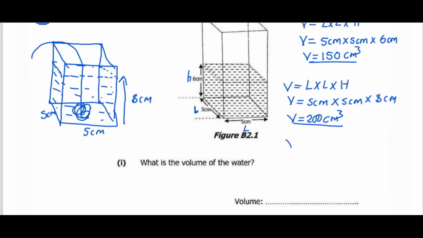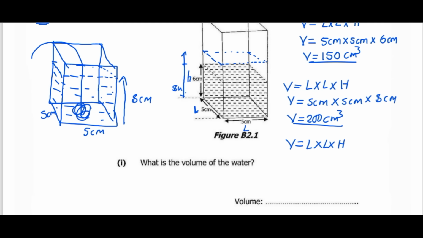Okay, so volume is equal to L times B times H. We know that the height to which water rose was 8 centimeters. The original height of water is 6 centimeters.